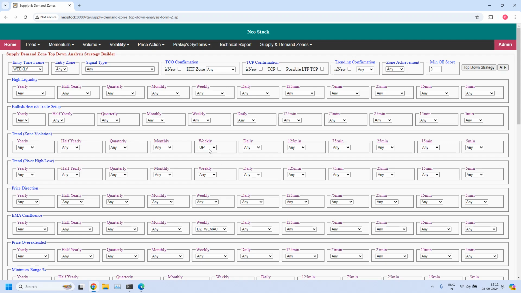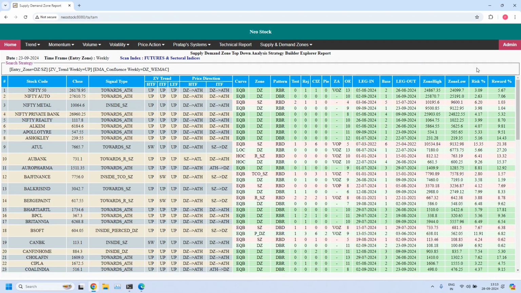First, I selected zone violation. If the list is big, further we can filter even by selecting swing high-low trend. If both the trends are uptrend, we can say those stocks might be having a strong zone confluence, strong EMA confluence. Now at present I am selecting only the trend based on the zone violation.